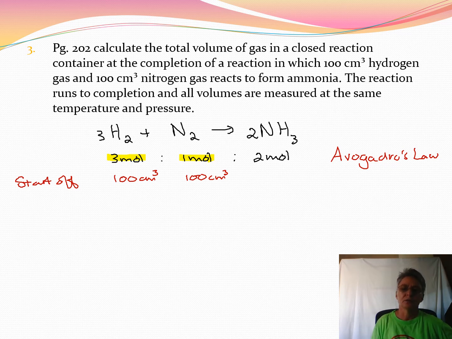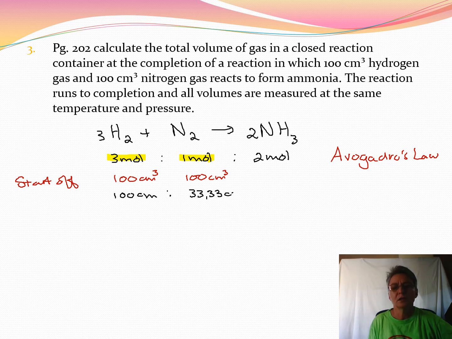So we need to determine how much of the hydrogen will react. All the hydrogen will react. 100 cubic centimeters needs a third of that. So a third of this is 33.33 cubic centimeters of nitrogen. That is what is needed for 100 cubic centimeters of hydrogen.